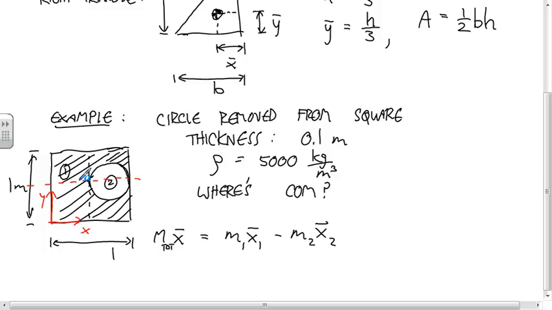Okay, so for piece 1, the volume is 1 meter times 1 meter times the thickness of 0.1 times the density.